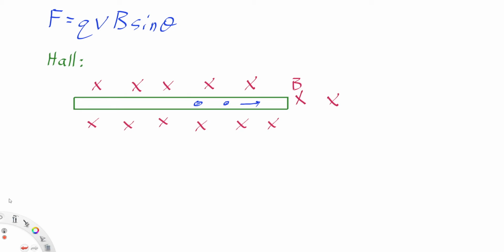And then we realize, oh, wait a minute, these are electrons, they have a negative charge, so the force is the opposite of what we expect. So it's actually going down. If we use the right-hand rule, that gives us the direction the force would act on a positive particle, and then negative will be the other direction.